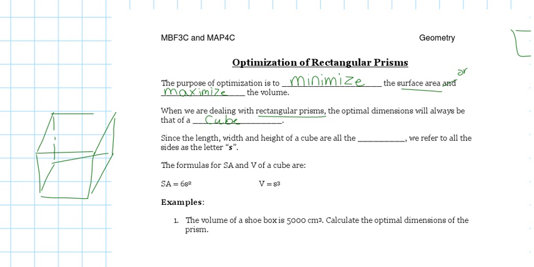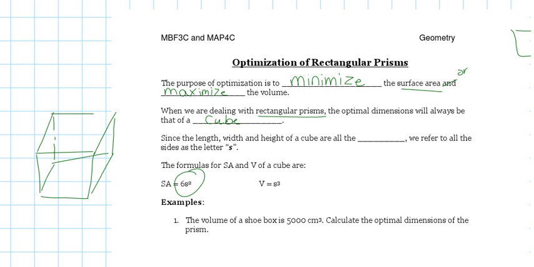So instead of using the rectangular formula, which you have in your purple sheet, I'm going to have to use the cube formula for the surface area, which is 6S squared. So anytime I'm dealing with a cube, the surface area of a cube is 6S squared.